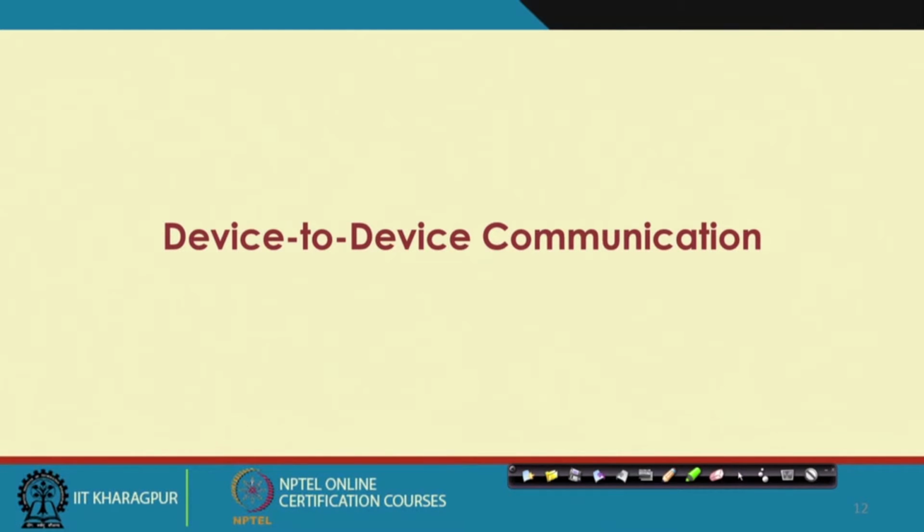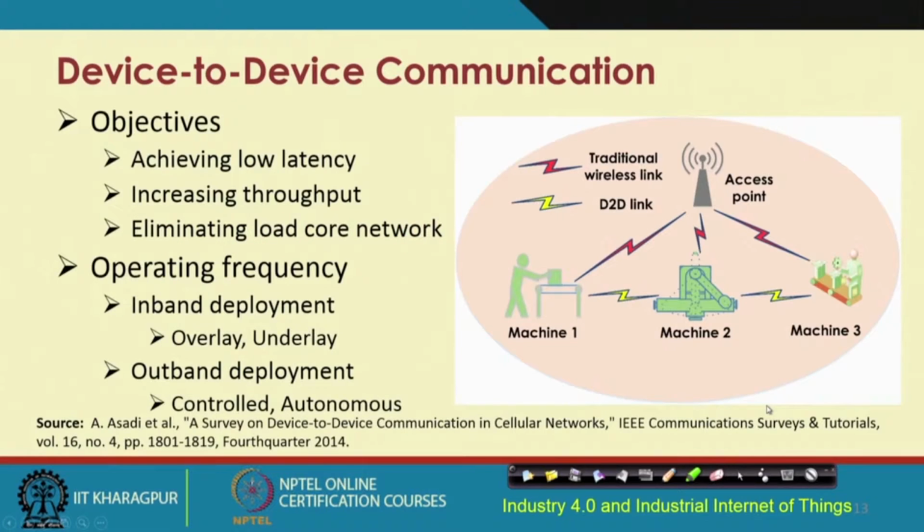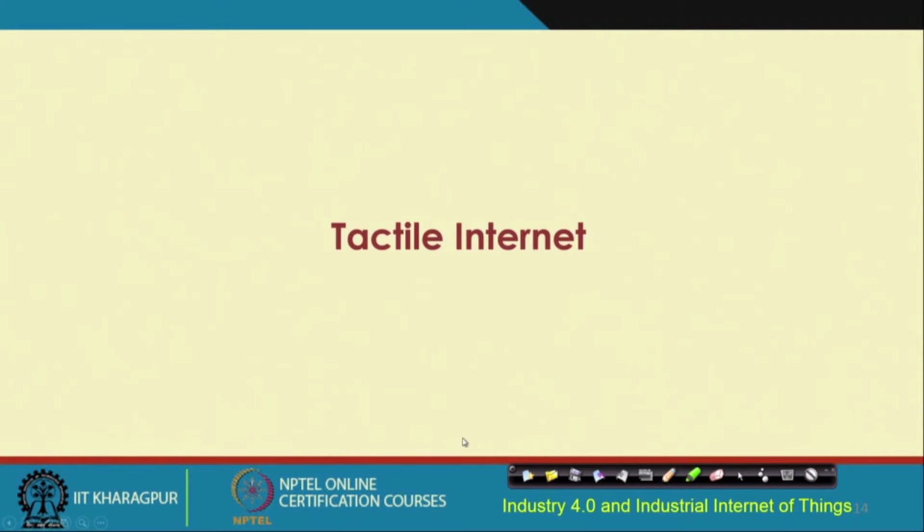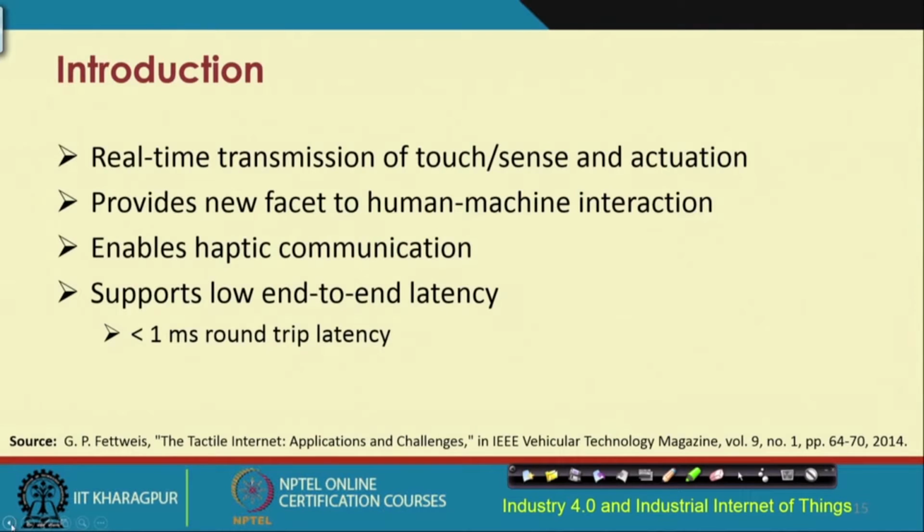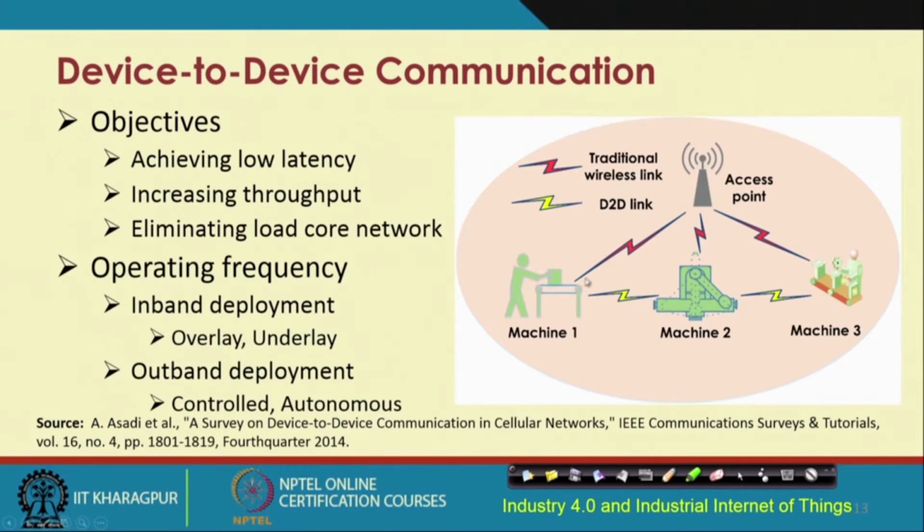And device to device communication, here we are talking about this kind of thing. So, machine 1, machine 2, they can talk to each other, D2D link. Again machine 2 to machine 3, another D2D link, device to device communication, that basically cuts down on the time or the latency of communication and so on. So, these are the D2D links, this is one, this is another, and we are talking about it in contrast to the traditional links.